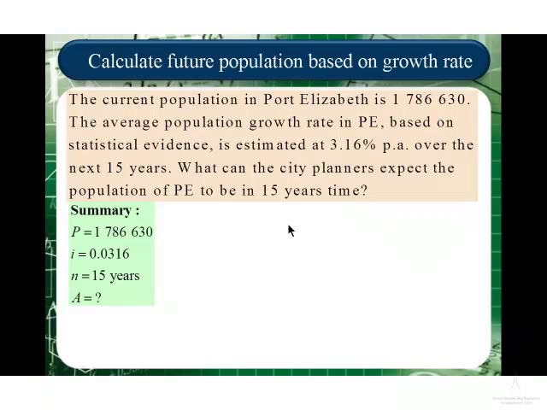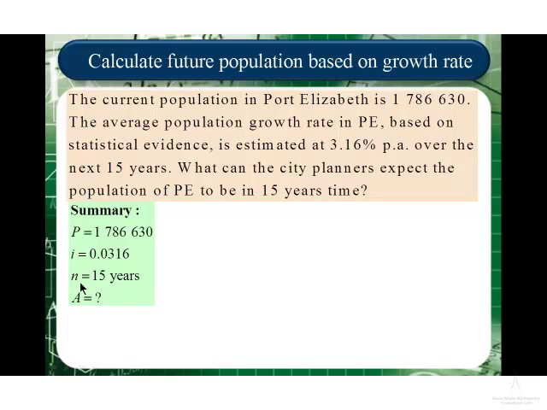So in this situation, we have the principal amount, or the principal number, as 1,786,630. The interest in this case corresponds to the growth rate for this particular applied problem. So i has a value of 0.0316 from the 3.16% growth per annum, and of course n is equal to 15 years.